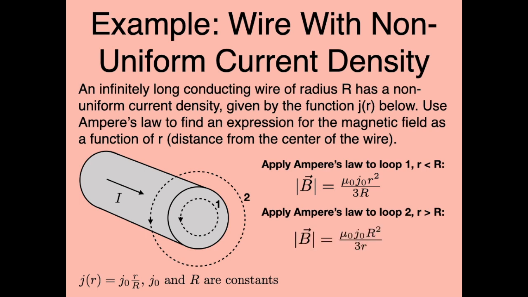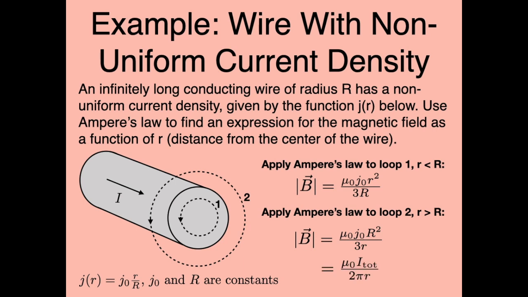And the result that we get is that the magnetic field strength is equal to mu naught times J naught times R squared divided by 3 times little r. So again, the only thing that is a variable that's not constant here is little r. So it looks like outside of this wire, the magnetic field decreases like 1 over r as you go further out.